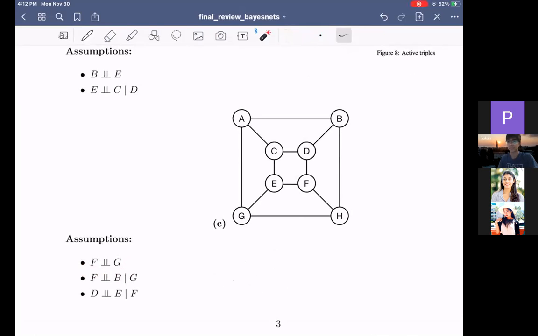We could draw the line from G to E and F to E, since we want an inactive path with nothing shaded. Yeah, that's good. This is a path and we want to make it inactive, so let's make this an inactive triple. That's one thing we have to do. What are other things we might have to do?